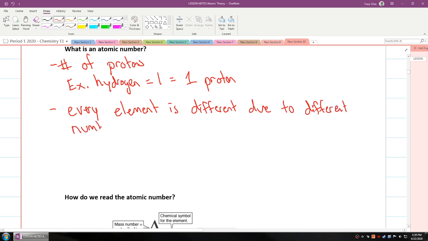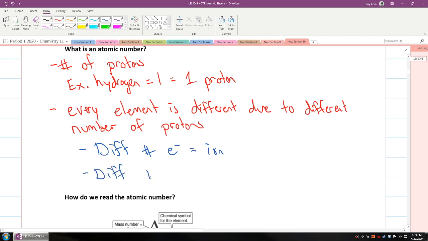Now, this is really important because you could have something that has the same number of protons, but a different number of electrons. If it's a different number of electrons, we call this an ion. When it's a different number of neutrons, we call this an isotope.